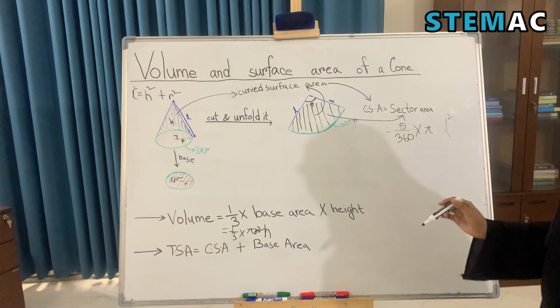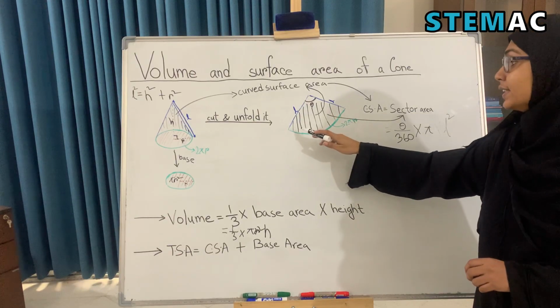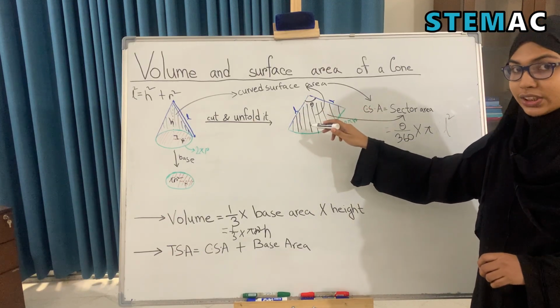How we can find the theta is by using the arc length of this sector of the circle.